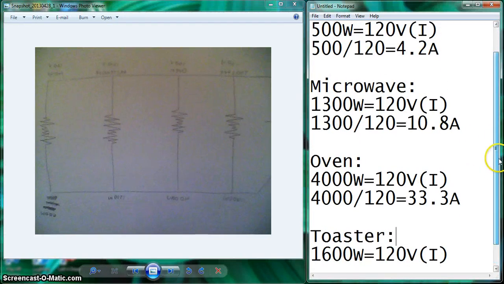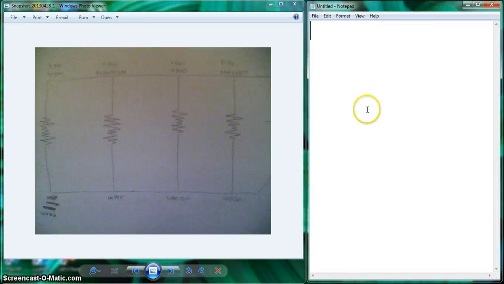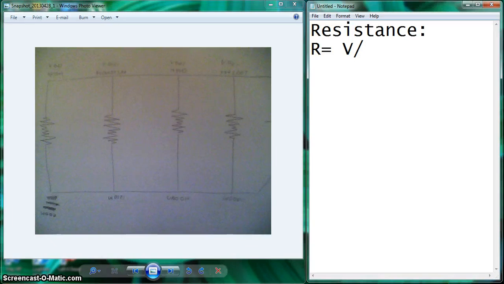So let's go ahead and clear this so we can write down the equation for resistance. The equation is R, or you can call it ohms, equals V over I.